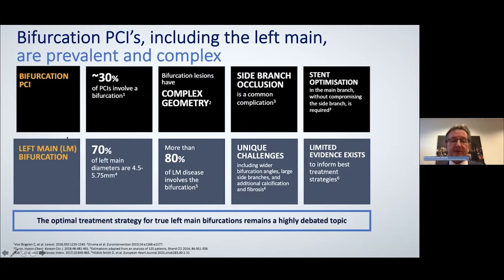And if we go to the left main, we know around 70-75% of left mains have a diameter larger than 4.5, up to 5.75 millimeter. And this is, I think, an important point: to implant a stent with the option to avoid malapposition.